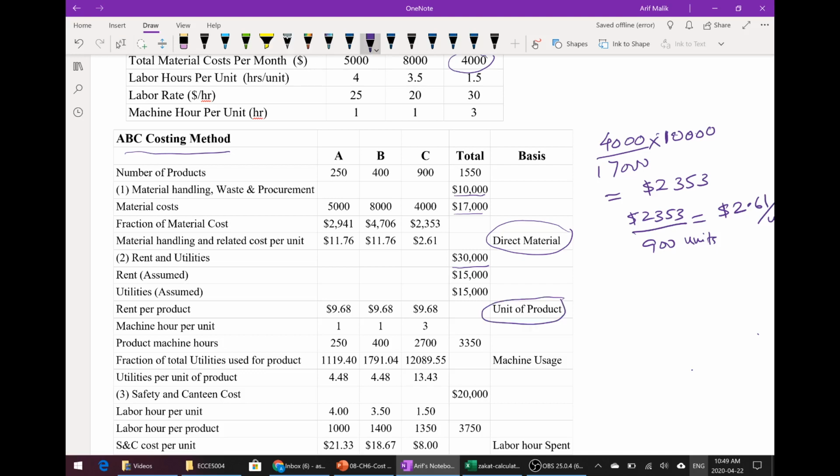The total number of products is 1,550. So we divide 15,000, the rent, by 1,550, the total number of units, and it becomes $9.68.